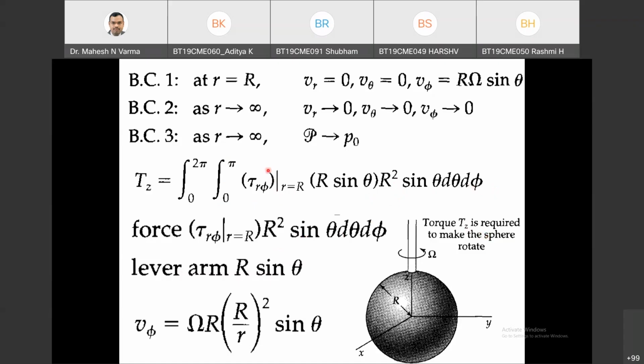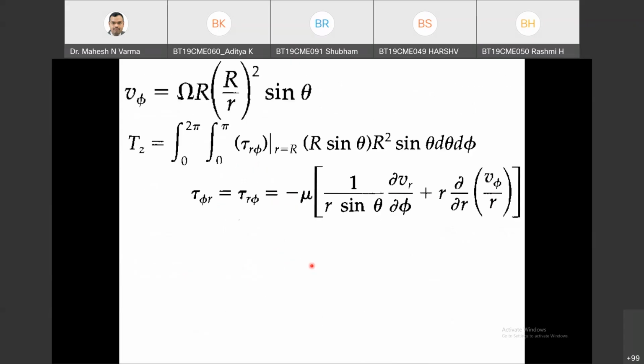Now to get tau r theta, you can use the generalized Newton's law of viscosity. Tau r theta will be equal to minus mu times 1 upon r sine theta d by d phi of Vr plus r d by dr of v phi by r.